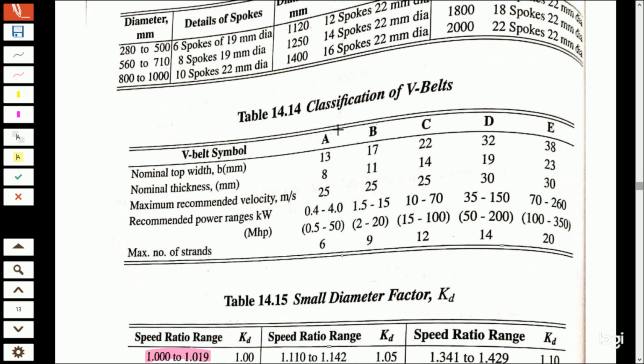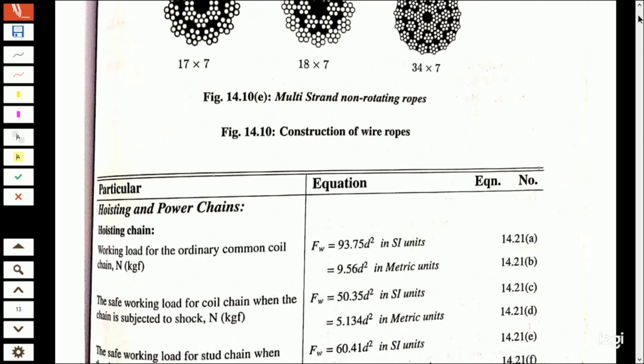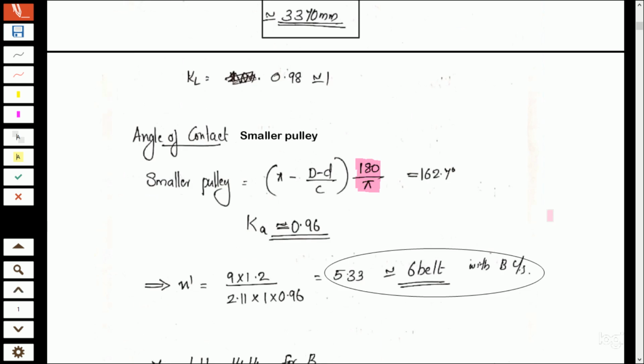See here, 14.14 for the cross section of B. All these values are constant values. This is the value I have selected over there, this column. Let us see how that is executed.